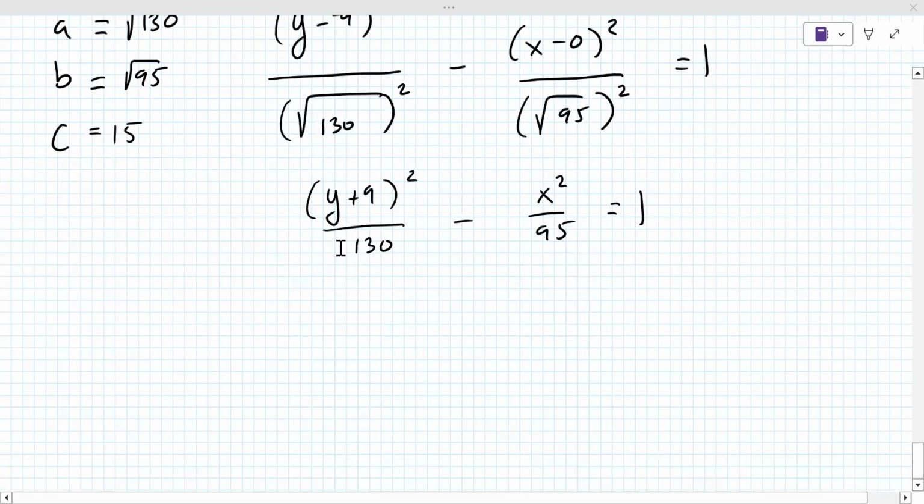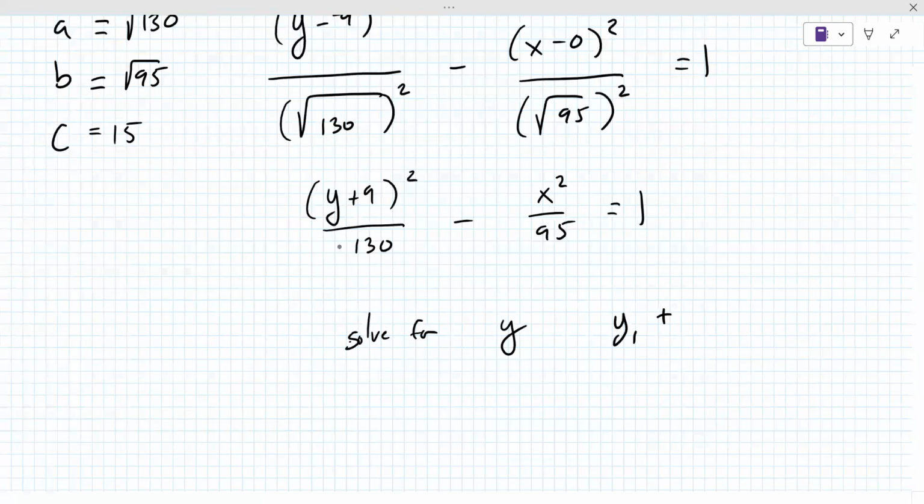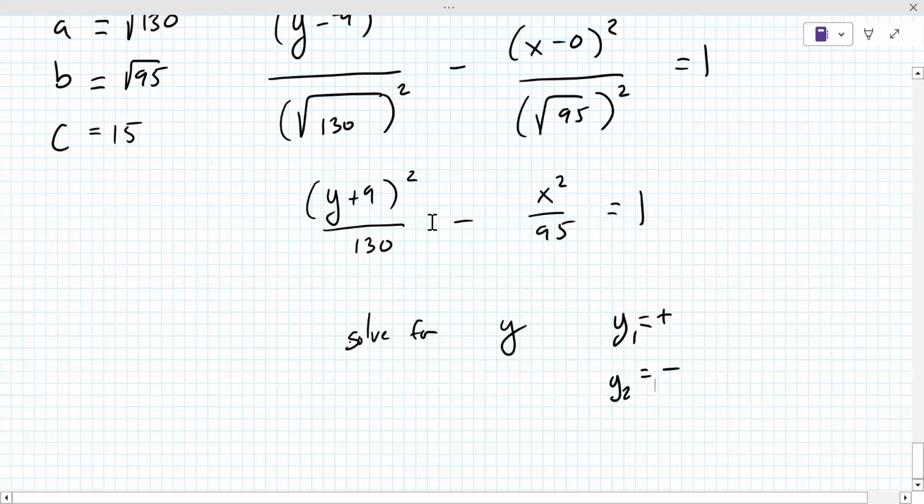To graph the top half, you have to solve for y, which is fraught with errors. Then in y1, you put the positive, and in y2, you put the negative, and then you can get a graph of it. Do you want to try that, or do you want me to show you where to go to graph it? It's fine. I was just wondering.